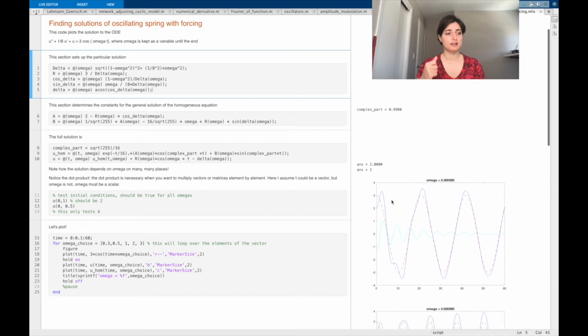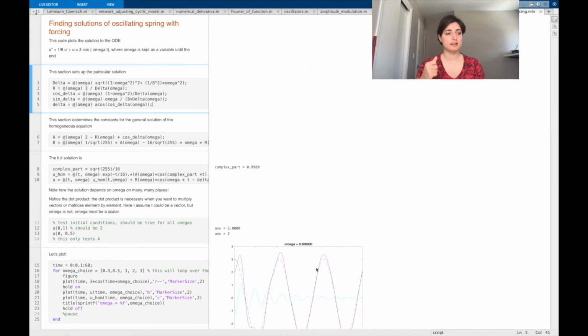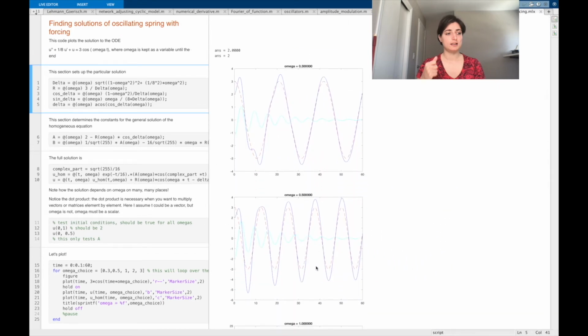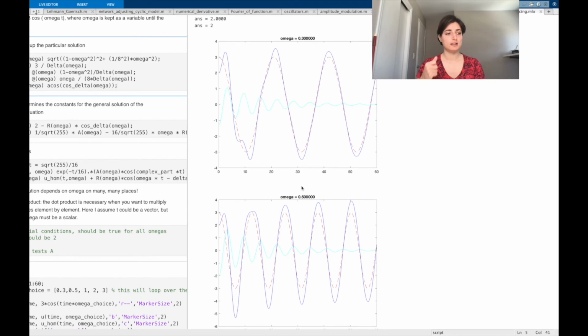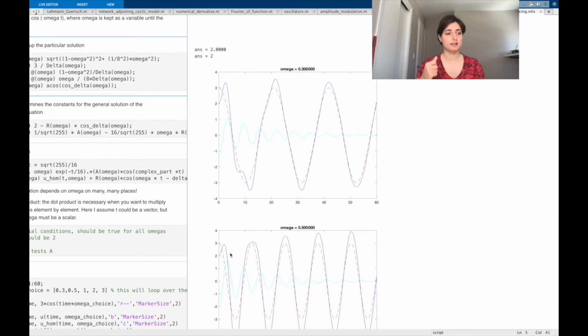And running the code, this is what we retrieve. For omega equals 0.3, let me make this bigger.